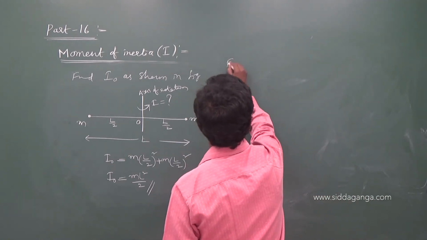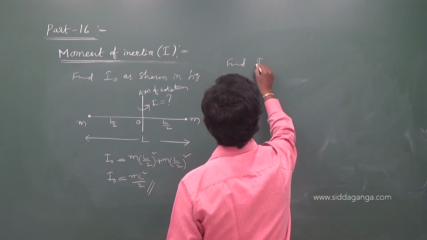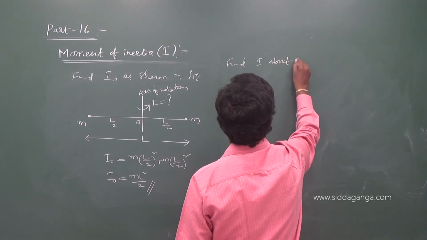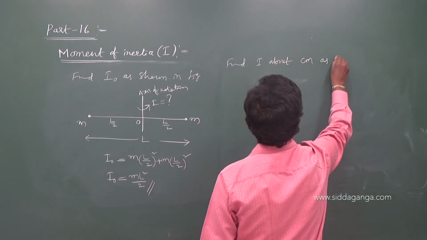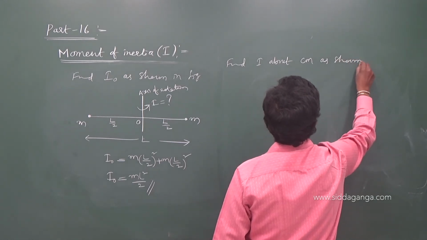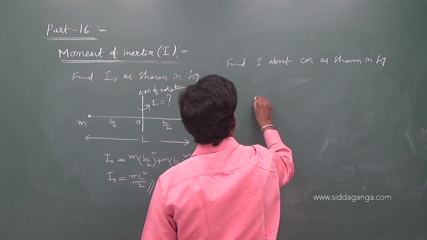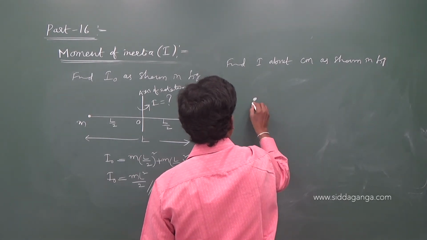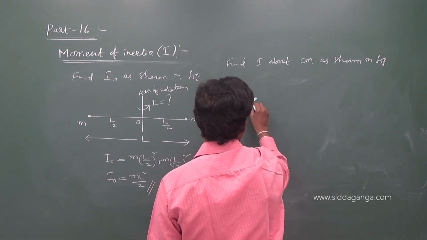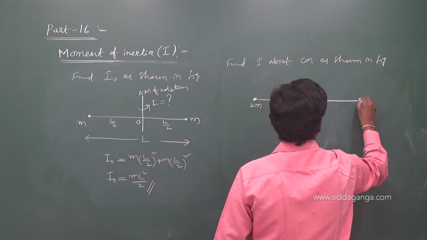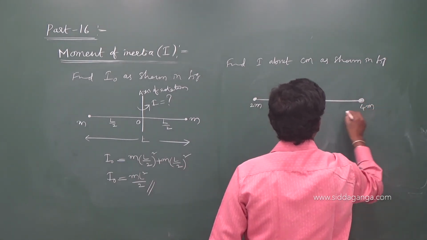Again, I will give you one more question. Find moment of inertia about the center of mass as shown in figure. So this is good question. This is 2m. Let us suppose this is 4m.